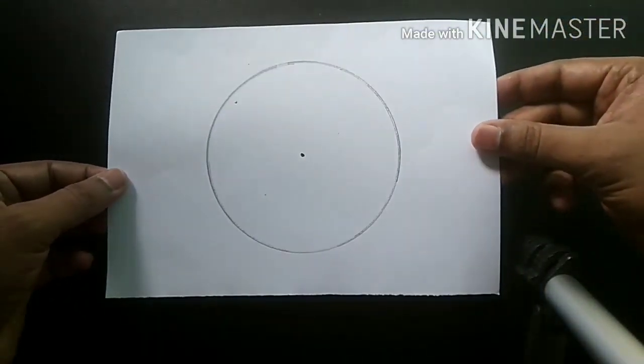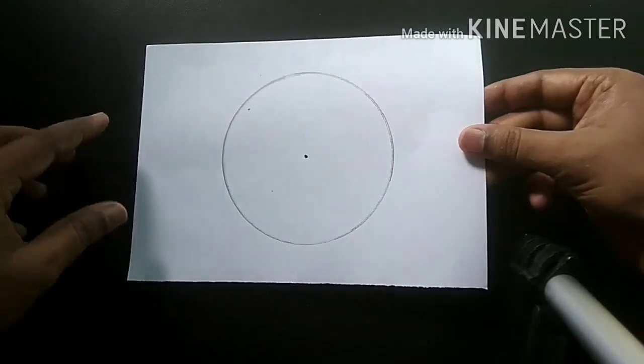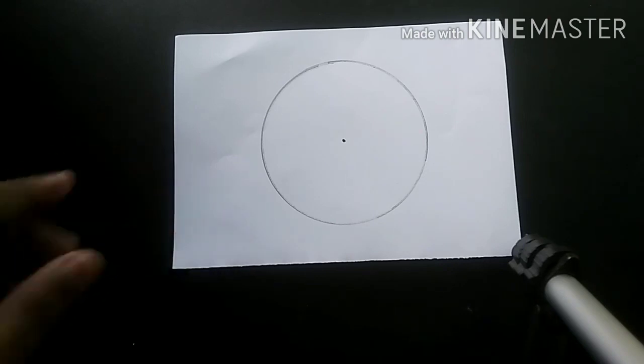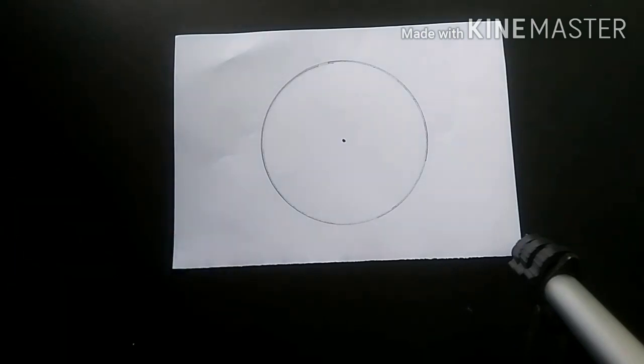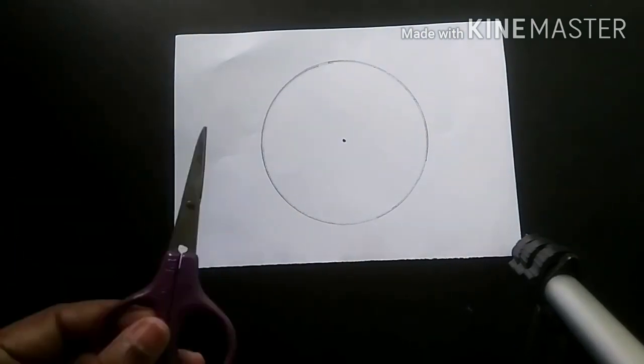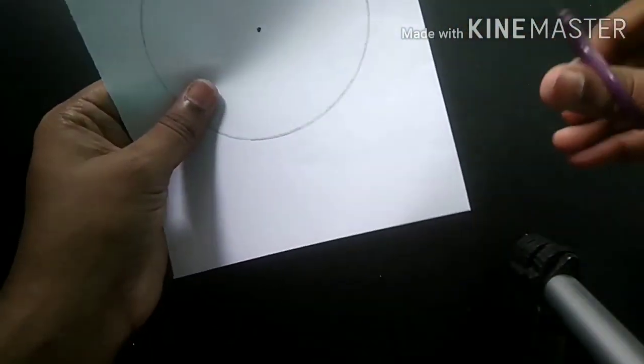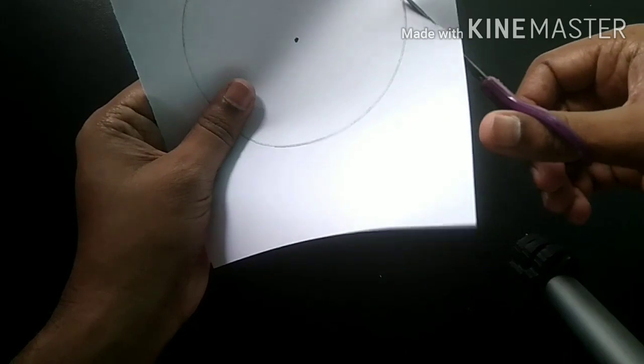Now cut out this circle. Cut out with the help of scissors.